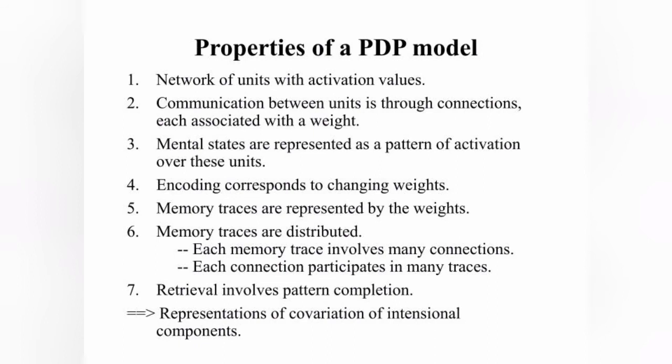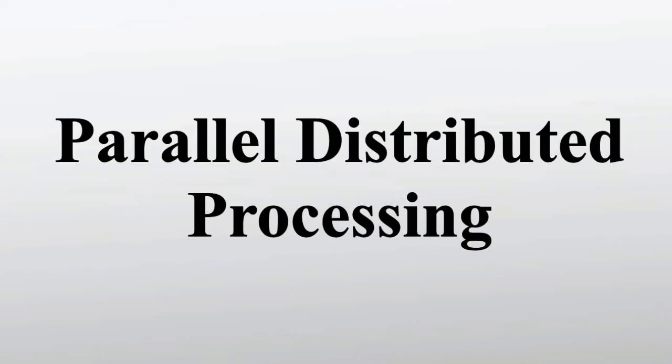Then the second point is the connections between these neuron-like units are weighted, and the connection weights determine how much activation one unit can pass on to another unit. Then number 3, when a unit reaches a critical level of activation, it may affect another unit either by exciting it if the connection weight is positive, or by inhibiting it if the connection weight is negative.